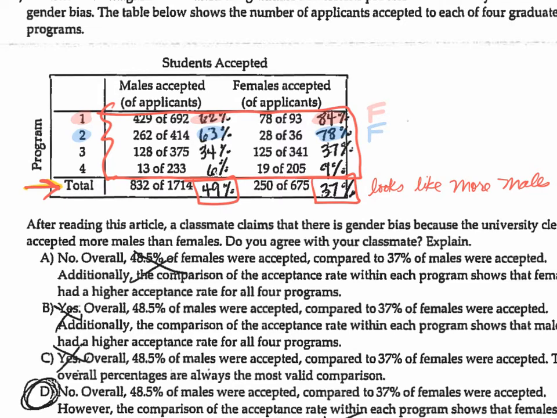In program 3, 34% of the males, 37% of the females. Who was better? Females. And the last one, in program 4, 6% of the males were admitted, 9% of the females were admitted. Who was better? Females. So what happened was, in every category, when you looked at them individually, females had a higher admittance rate.